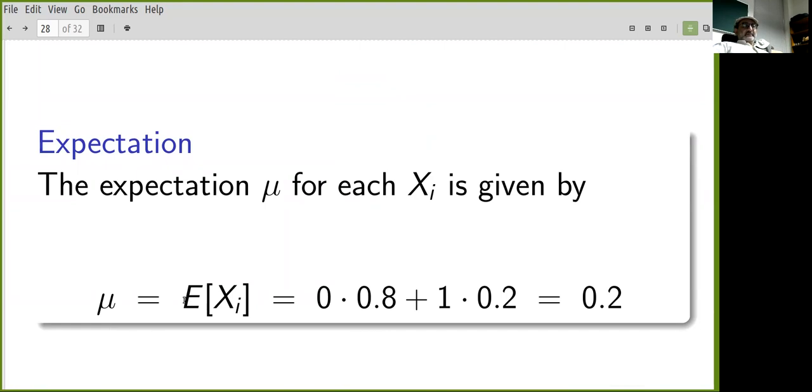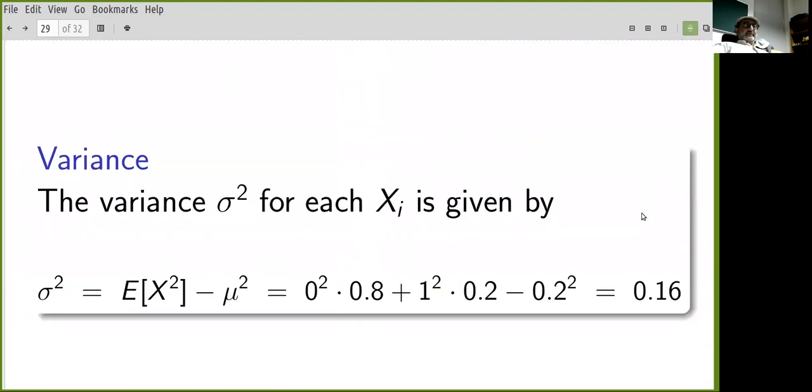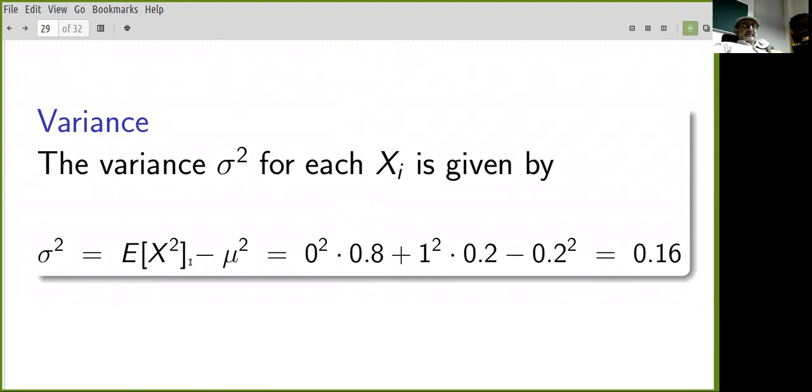Well, mu is the expectation of X_i, and what are the possibilities for X_i? Either 0 or 1. Did not get a dessert or got a dessert. Did not get a dessert with probability 80%, and did get a dessert with probability 20%. That gives me a mu of 0.2. Okay, what's the variance? The variance is the expectation of X squared minus mu squared.